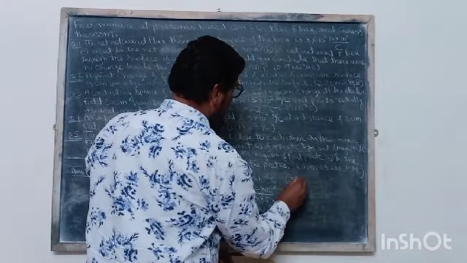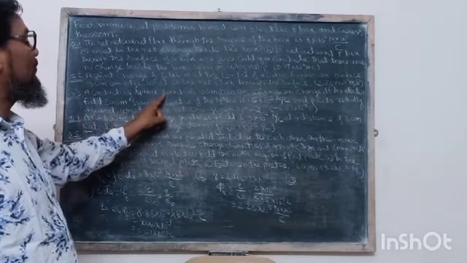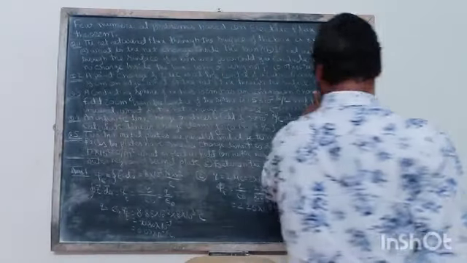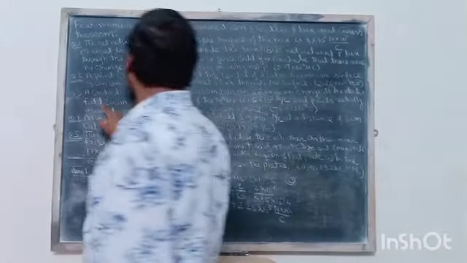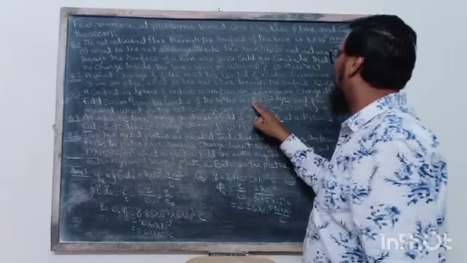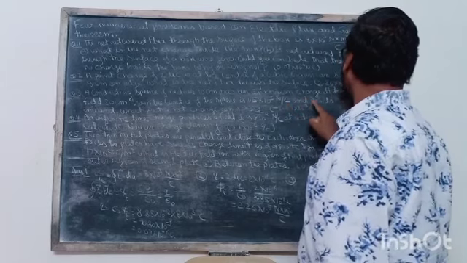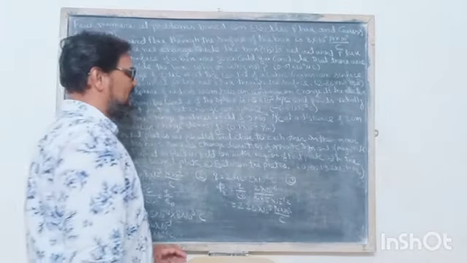Now what is the answer of question number 3? A conducting sphere of radius 10 cm has an unknown charge. If the electric field 20 cm from the center of the sphere is 1.5 into 10 raised to the power 3 Newton per Coulomb, and points radially inward, what is the net charge on the sphere?